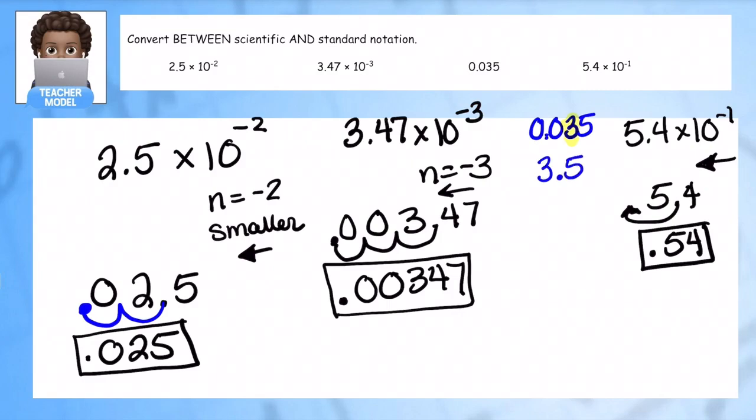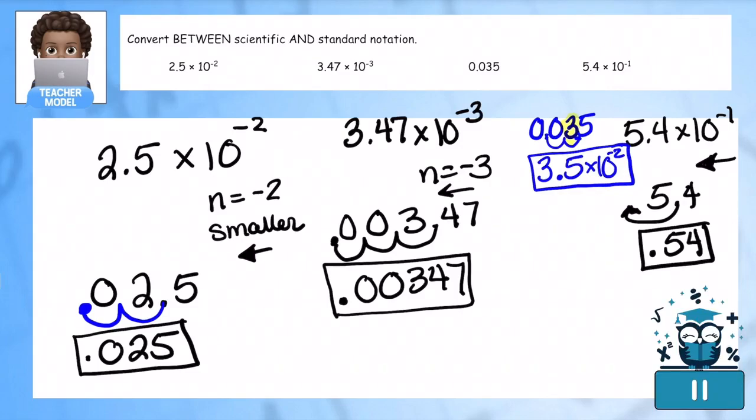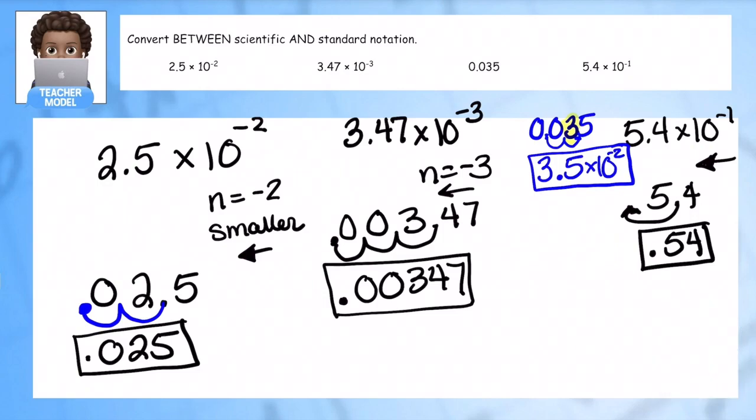How many shifts will that take? 1, just 2 shifts. So 3.5 times 10 to the negative 2. Hit pause and jot this down. And you're going to get a lot more practice moving these numbers fluently between scientific and standard notation.